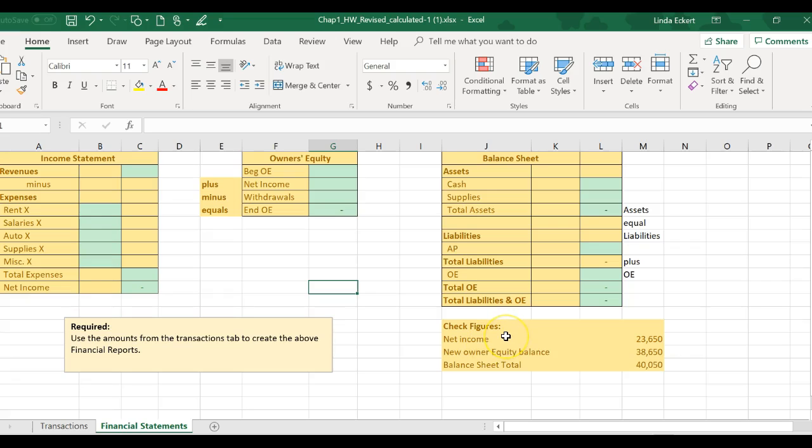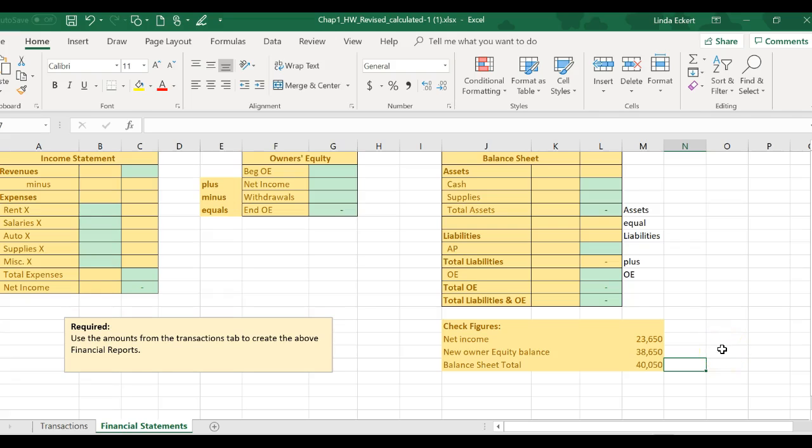Now here's your check figures. When you get all done, you should have 23,650 in income. Your new owner's equity should be 38,650, and your balance sheet totals, assets equaling liabilities and owner's equity, should be 40,050.